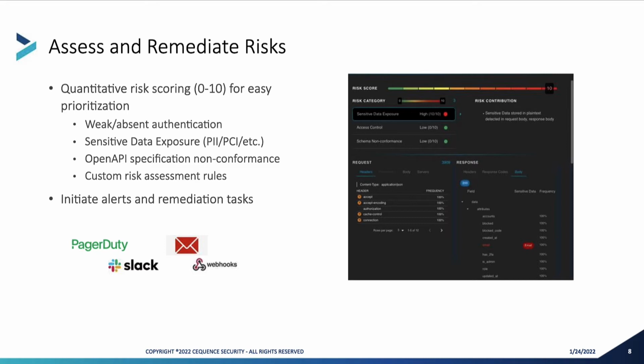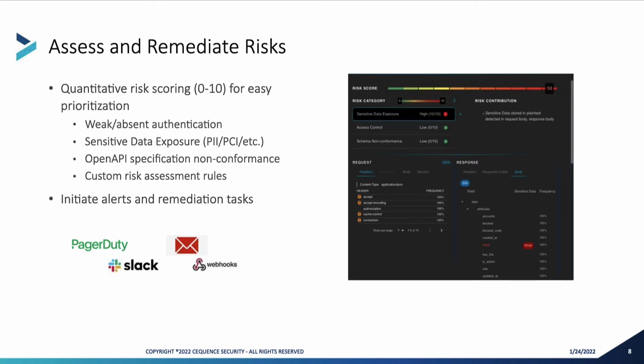Next thing we're going to do is assess the risks. So there are predefined risk assessment rules. The standard ones are authentication. So it's going to look at your APIs to make sure that authentication mechanisms are in place, make sure that strong authentication mechanisms are in place.